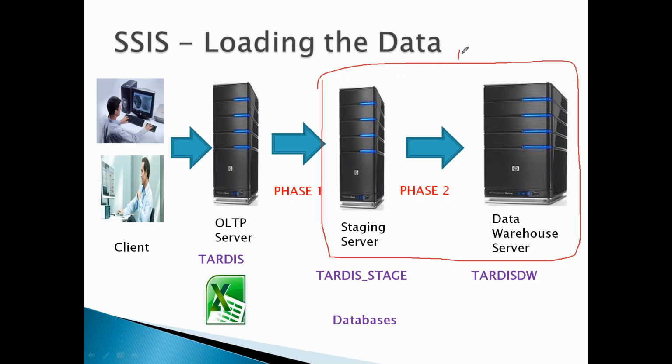This is machine number 2. So OLTP, this is what is called OLTP. This is machine number 1. Clear? Almost all the time, you will find that staging is a separate database and data warehousing is also a separate database. These are going to be available in a single machine.